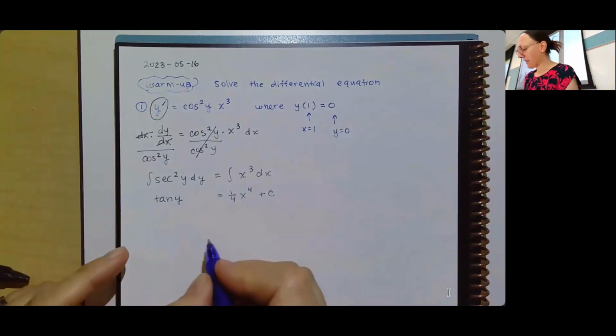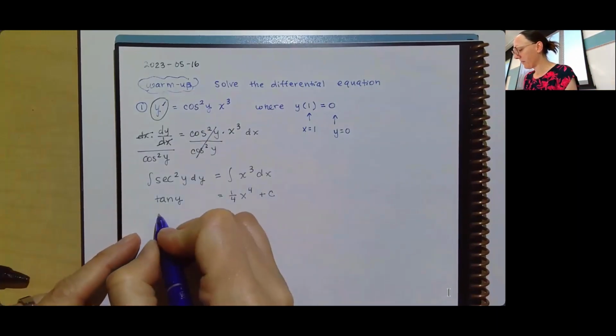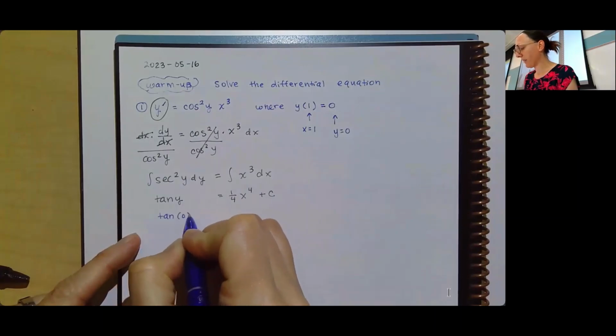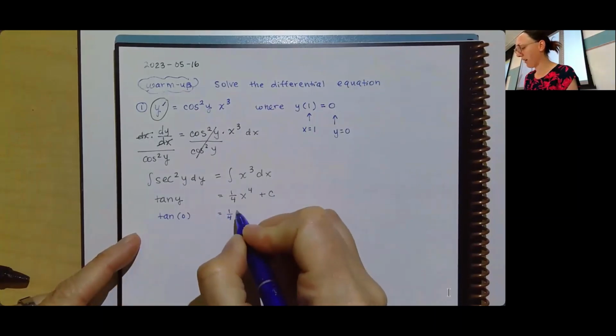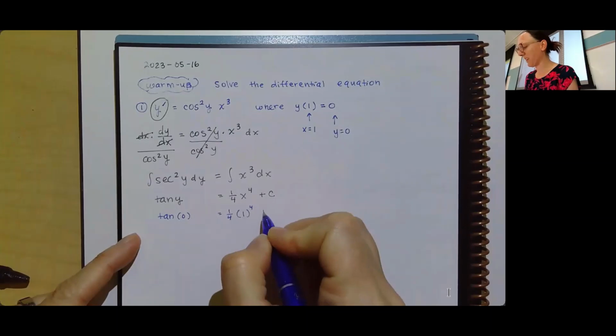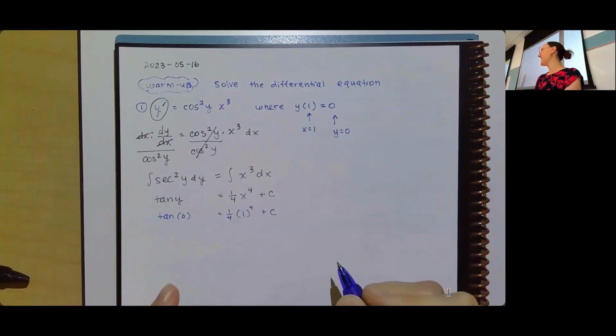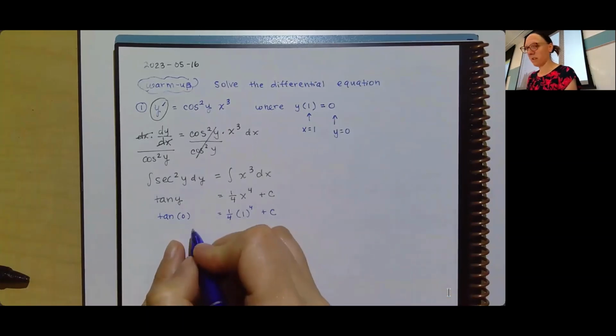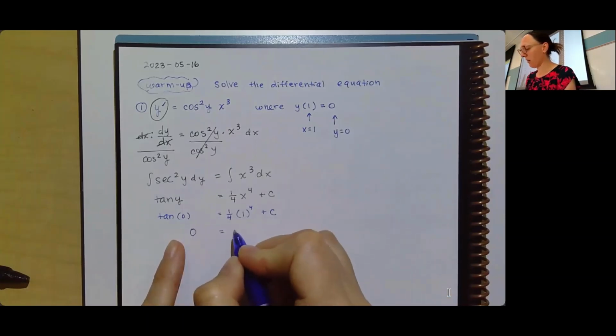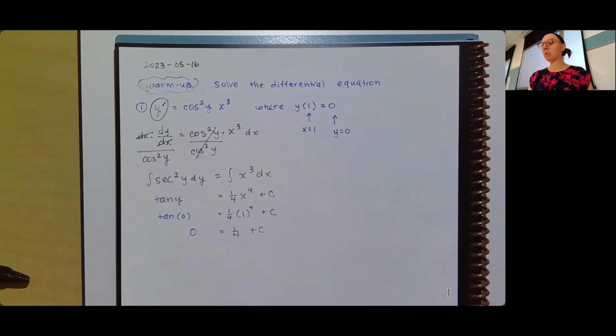So I'm looking at tangent of 0 is equal to 1/4 of 1 to the 4th plus a constant. And tangent of 0 is 0. So 0 is equal to 1/4 plus c, which means that I know that c is negative 1/4.